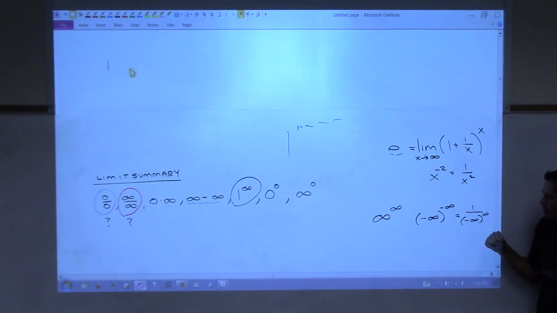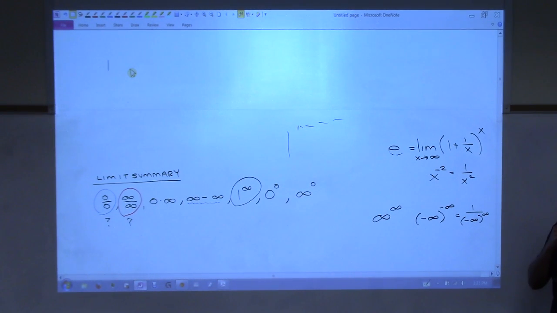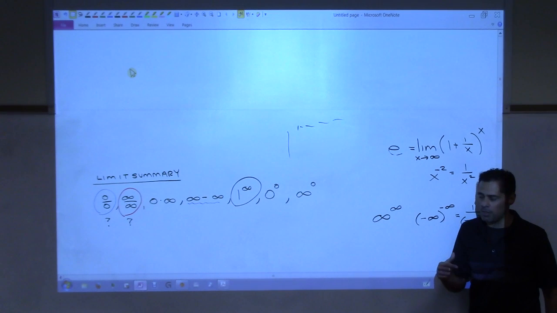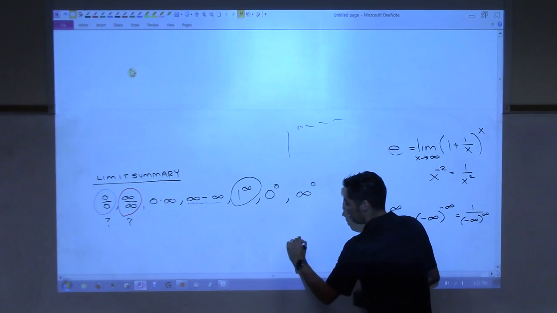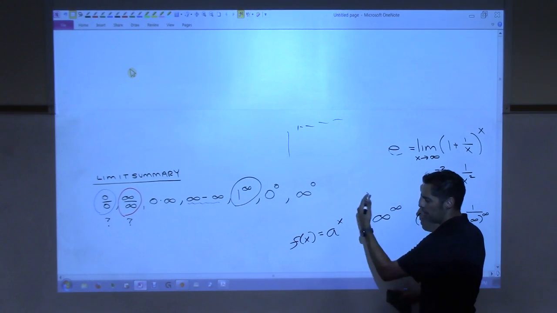But it depends on the power, because if it's even, and there's decimals in there too. This is actually a bigger problem than we even want to address. It is. Well, you said you want to know what this did. This is actually pretty bad. And you might remember from when you studied exponential functions in college algebra, the general version of an exponential function, something like a to the x.